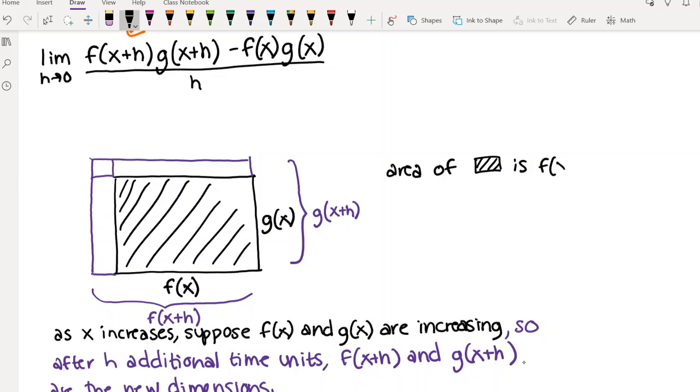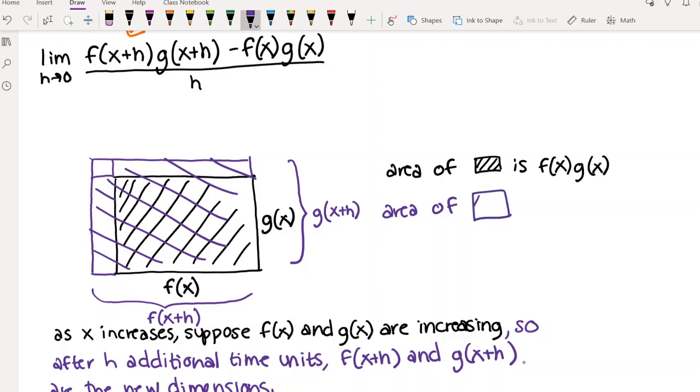So it's f of x times g of x. And then the area of the larger rectangle, so I'll do this to represent now the larger rectangle. So the area of the larger rectangle is now the bigger dimensions, right? f of x plus h times g of x plus h.